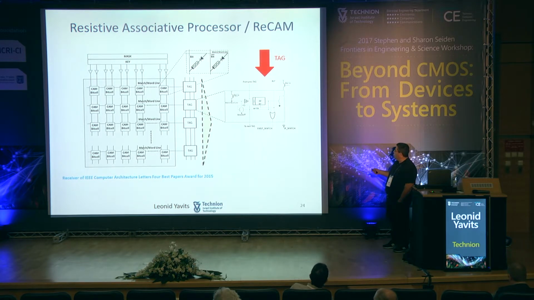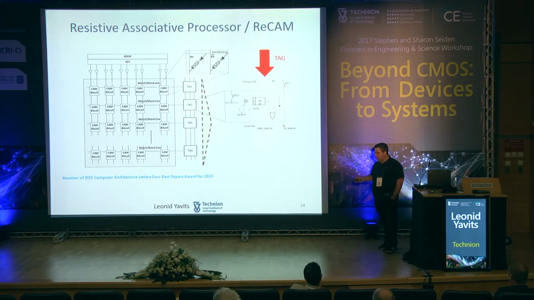For example, this OR is a part of what's called in TCAM a priority encoder, which shows the first row which matched and ignores or resets the others. And there is another piece of circuitry which shows us that there's been at least one match in the entire array.